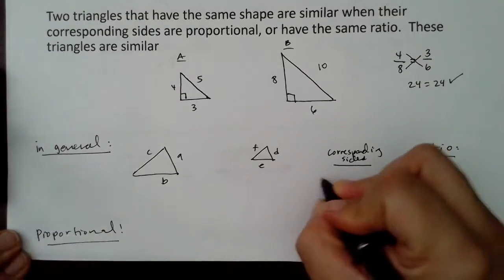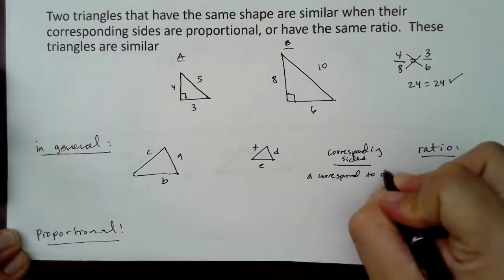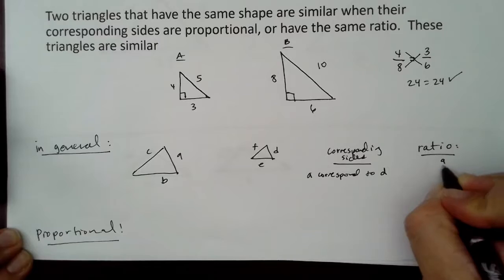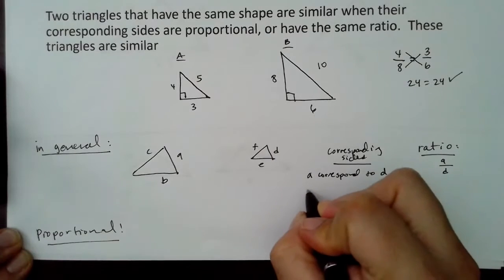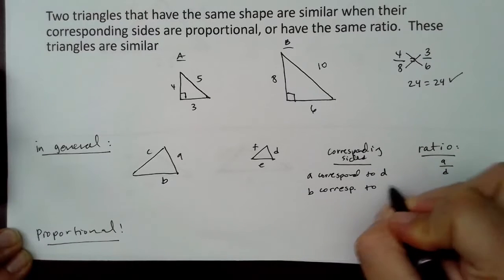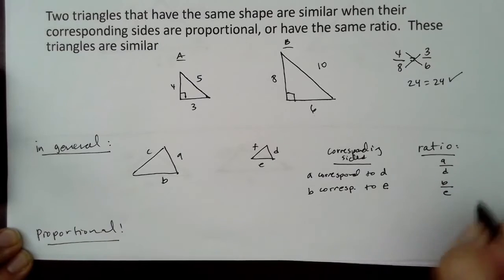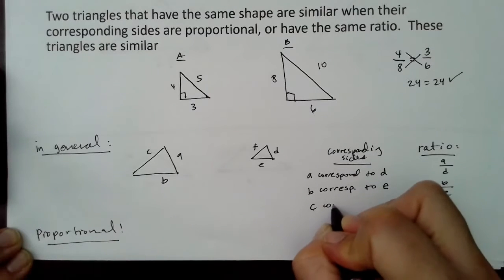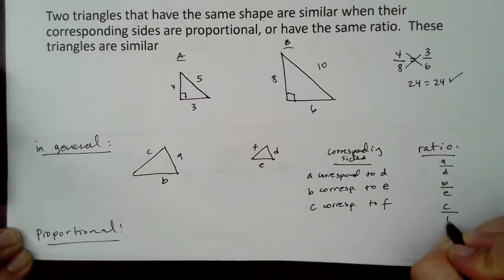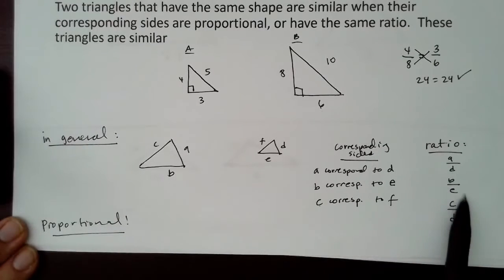So you could say that A corresponds to D, so then the ratio would be A over D, okay? And B corresponds to E, so you would write B over E, and then C corresponds to F, and you would write C over F. So notice we went this triangle to this triangle to this side, okay?